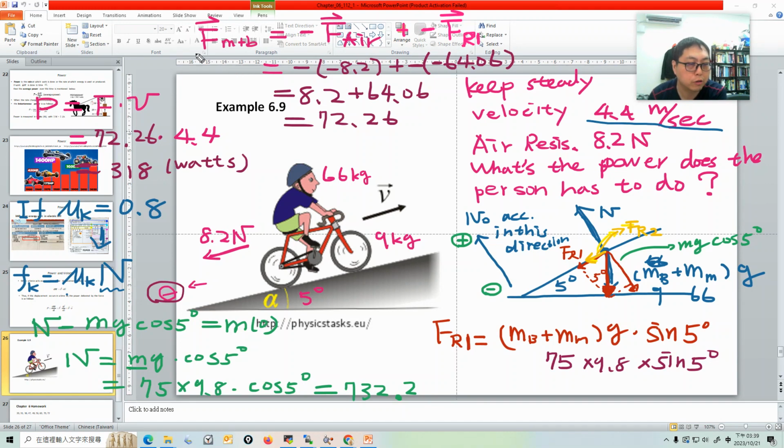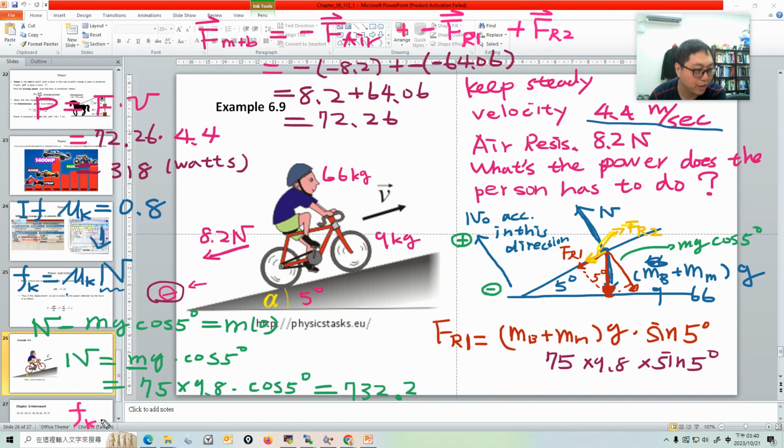The force we want to produce from the man and the bike has to overcome air resistance and the component from the weight. Oh, and also we have to add one more, the friction. We call it resistance 2. Sorry, this is not the friction force, this is just the normal force.